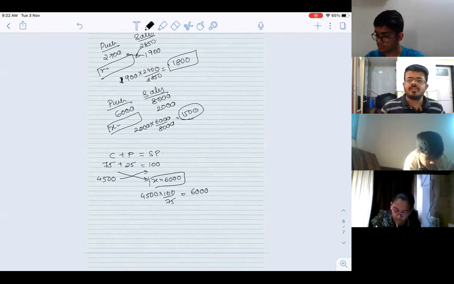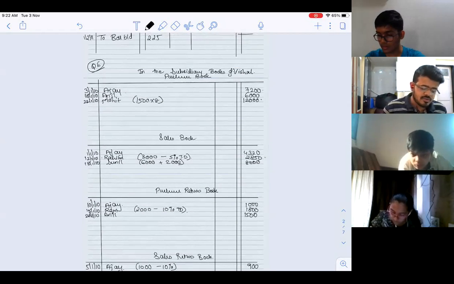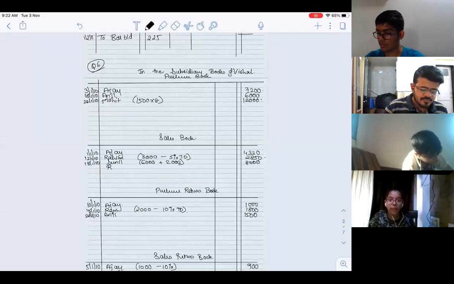Which book will you put this 6,000 in? Sales book. 6,000 rupees will go in the sales book.